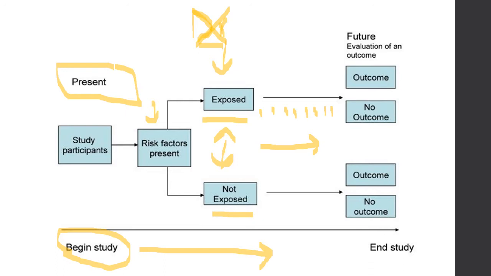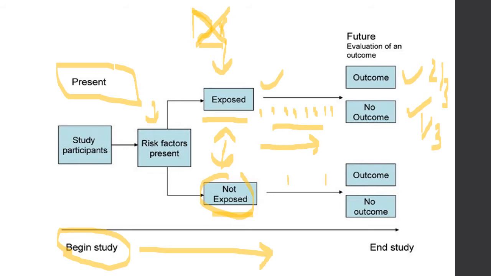Here also among the not exposed, you might also get people who develop the outcome of interest, and hopefully they won't be as many as those who develop it among the exposed group. So you will measure how many of those who are exposed developed the outcome compared to those who are also exposed but did not develop the outcome. Let's say, for example, 2/3 of them developed it and 1/3 did not develop it.